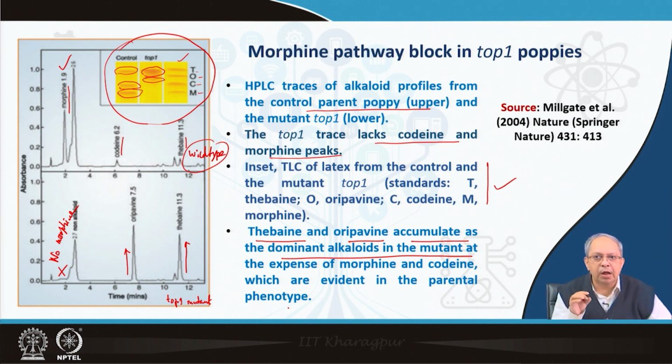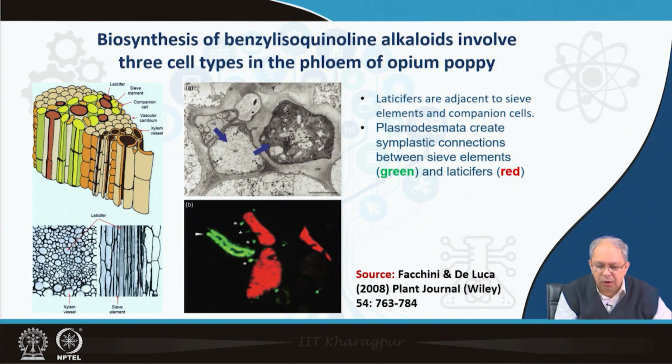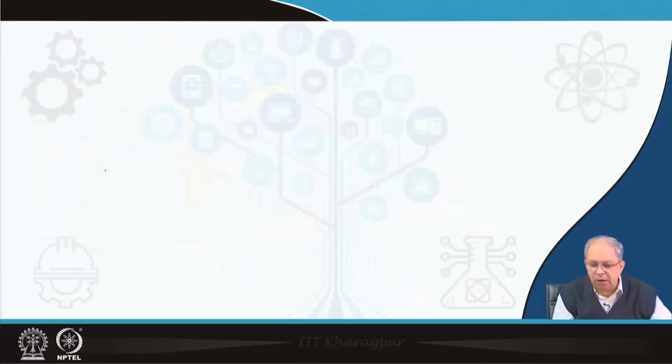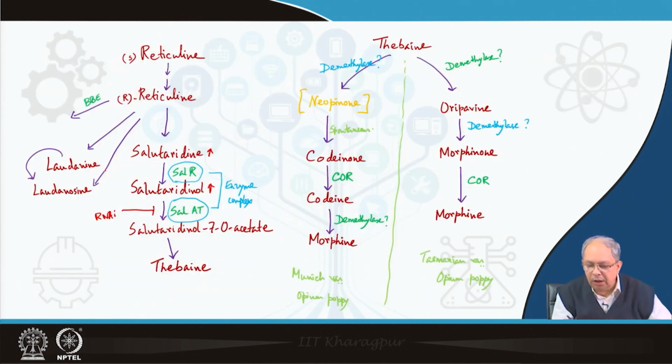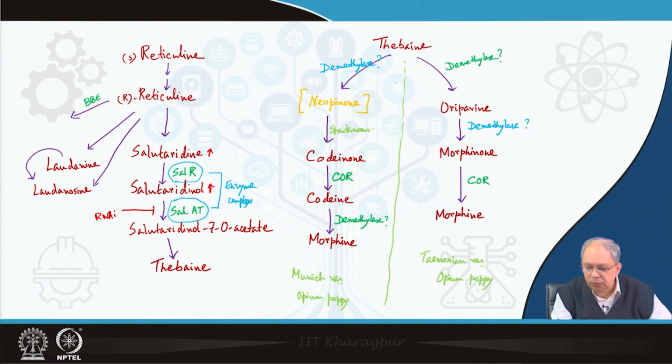So, there must be an active enzyme which converts thebaine to neopinone, what I have shown in this earlier drawing, that thebaine to neopinone. Let me use a different pen. Thebaine to codeine. So, at least this step there must be an enzyme.